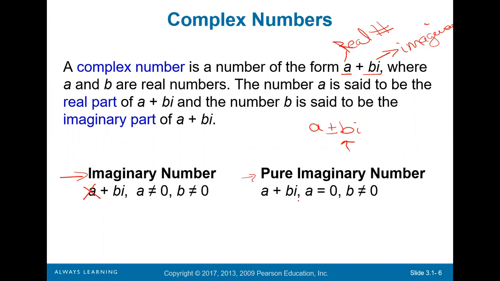A pure imaginary means that A is going to be real, but it can equal 0, leaving me with just the imaginary. As long as Bi is involved and it's not 0, then we have a pure imaginary. But if B is equal to 0, then we have 0 times i, which is 0, so there is no imaginary. That makes sense?